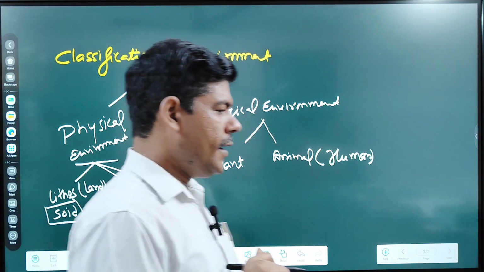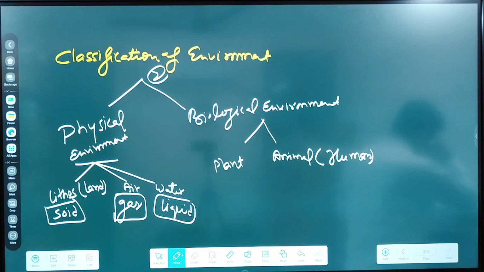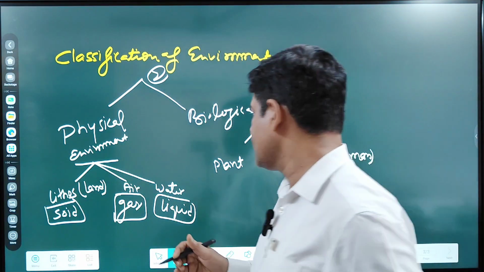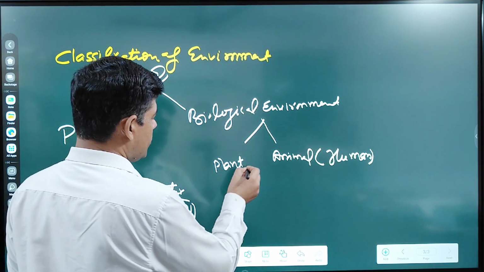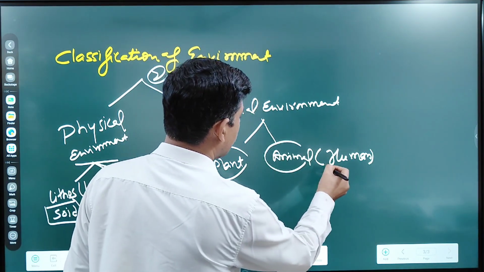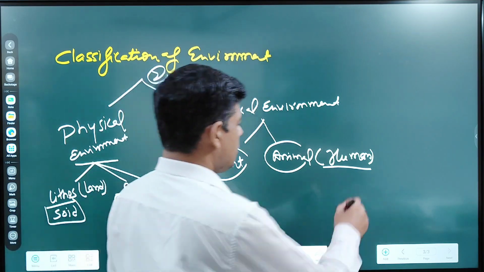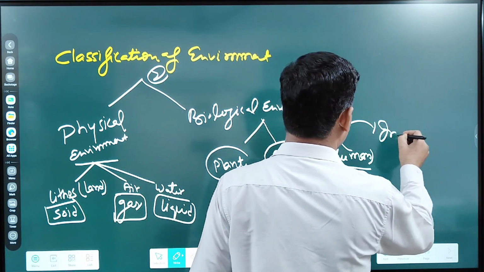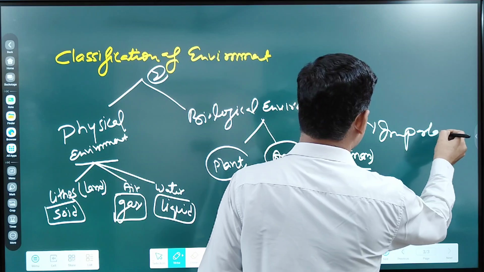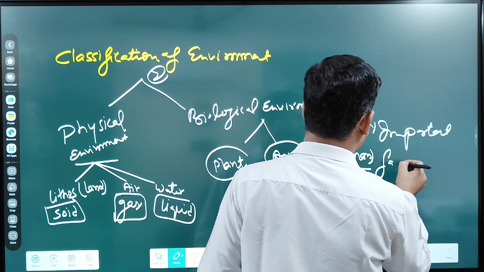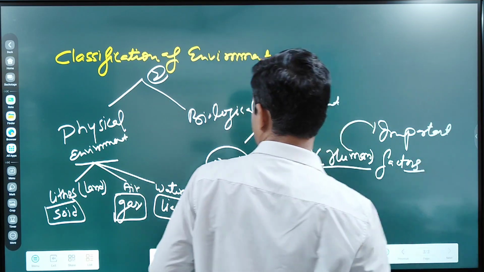Okay, and they are also known as abiotic components. And biological components of the environment consists of plants, flora, and animals, fauna, and human beings as important factors. So this is plant, this is animal, including humans. Important factors.